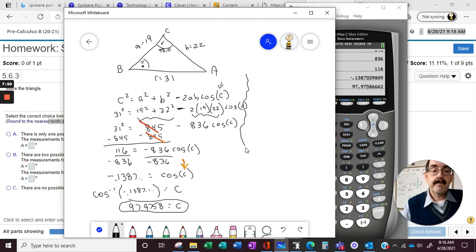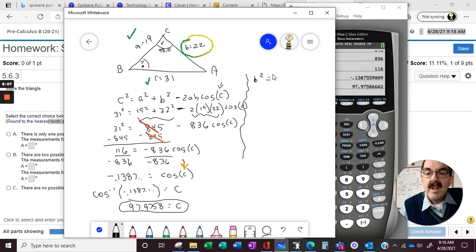Now, in this case, B squared, okay? We're going to use B. And that's going to be equal to that squared plus that squared.